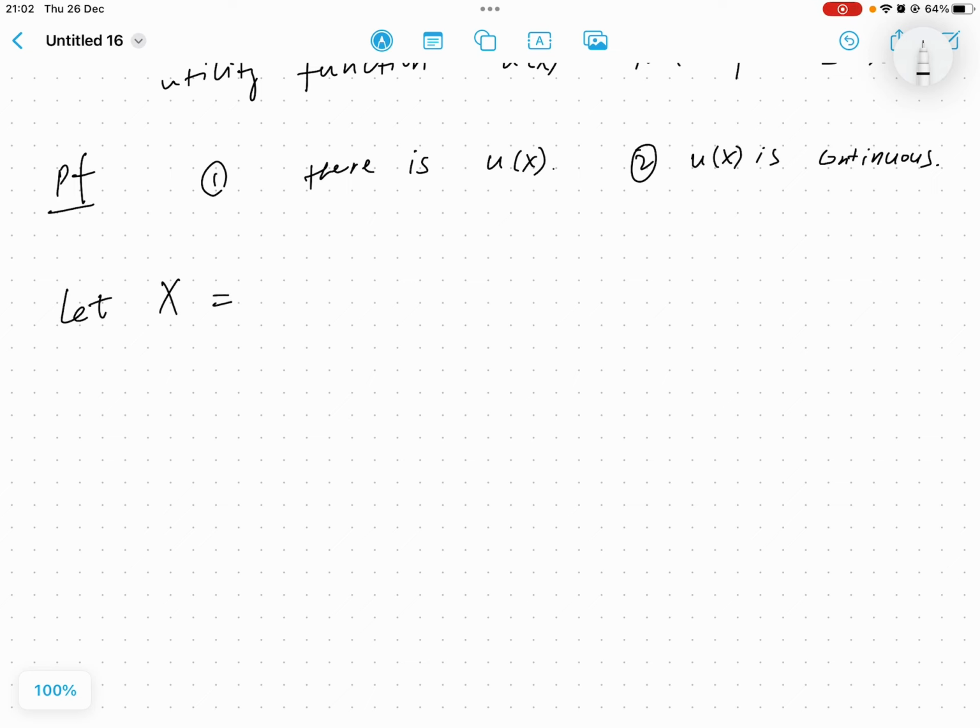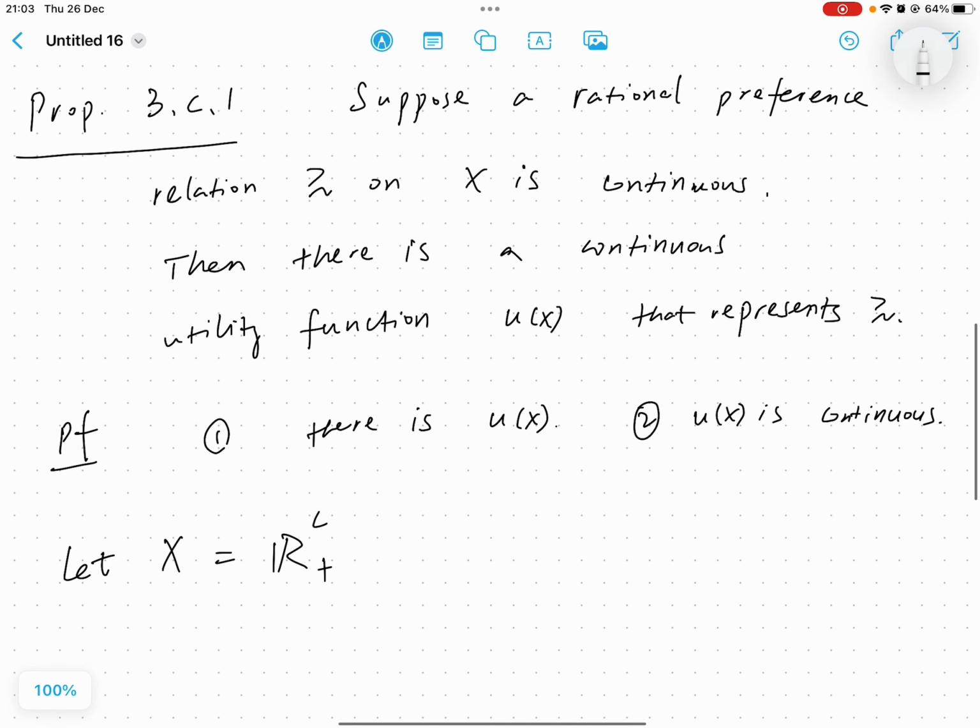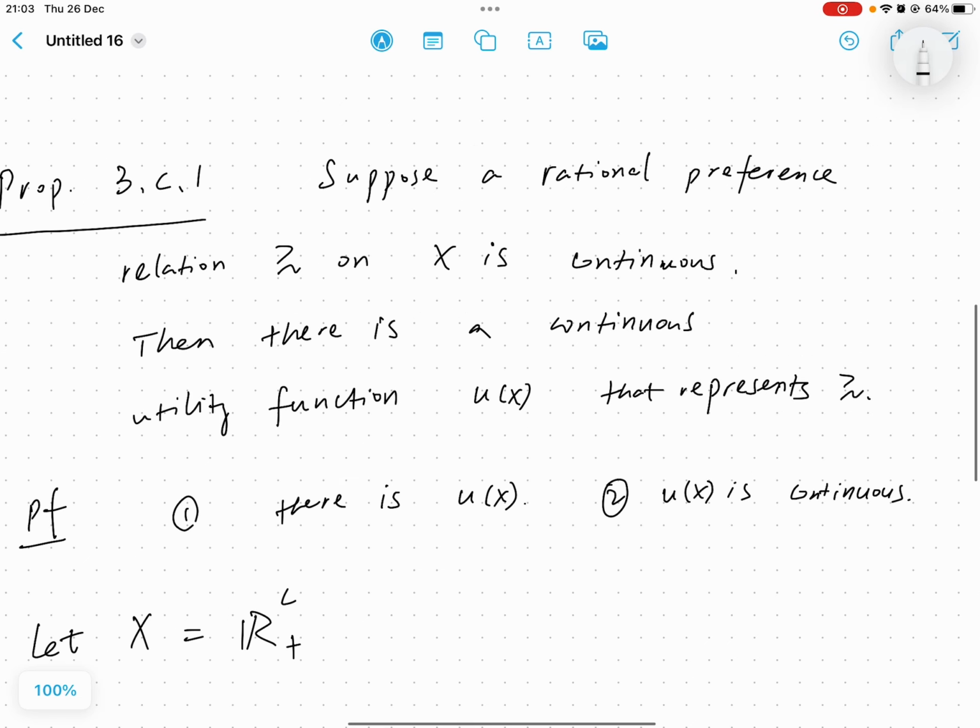For the case, let's say we let X be the positive real numbers in dimension L. Of course we didn't mention that this preference relation is monotone, but this is already implicitly assumed, so we should add monotone here.